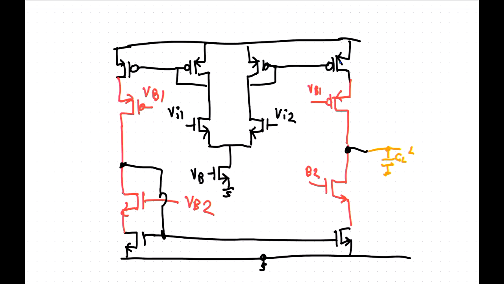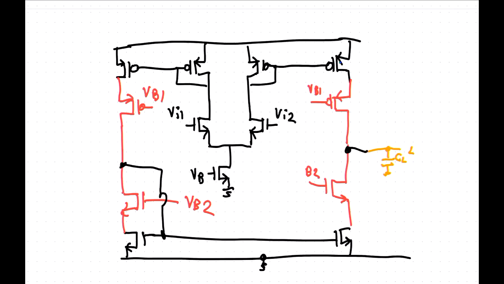So we get twice the voltage swing, which is a good idea, especially if your power supply is low. That's really important to get more voltage swing. The other thing that's important is that you get much better common mode rejection. If you have something that's symmetrical, maybe the common mode changes at the output, but if it's a fully symmetrical circuit, the common mode rejection is going to be better.